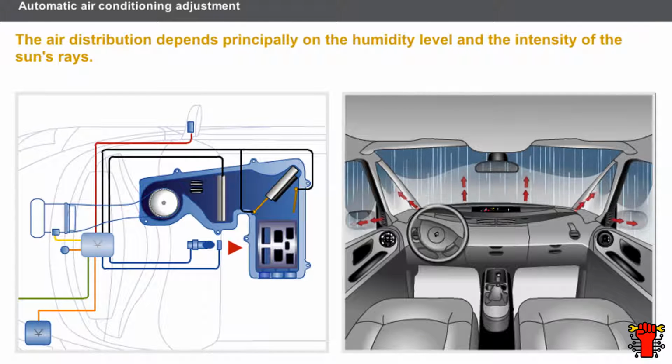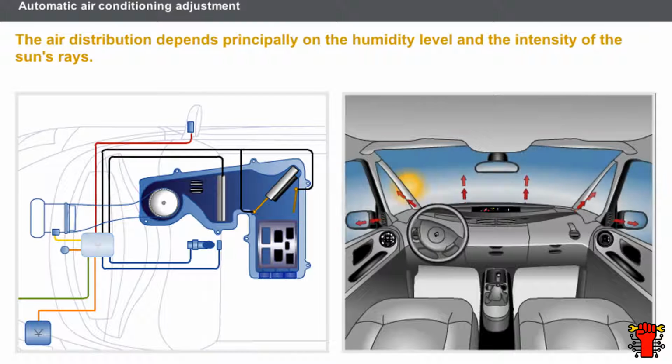Subject to control by the air conditioning computer, the demisting flap directs the flow of air towards the windscreen and side windows. The air conditioning computer also affects the distribution flaps depending on the direction of the sun's rays. If the sun is shining directly onto the windscreen, the solar radiation sensor informs the air conditioning computer and more air is directed towards the demisting vents.